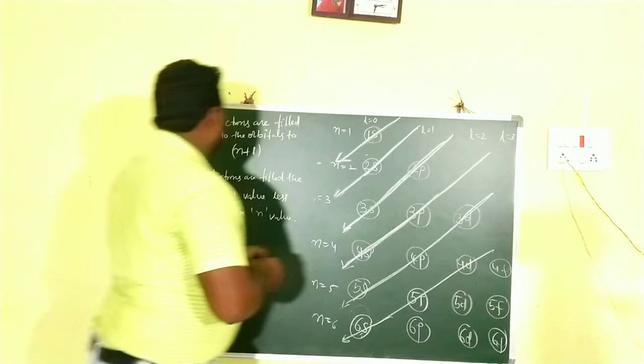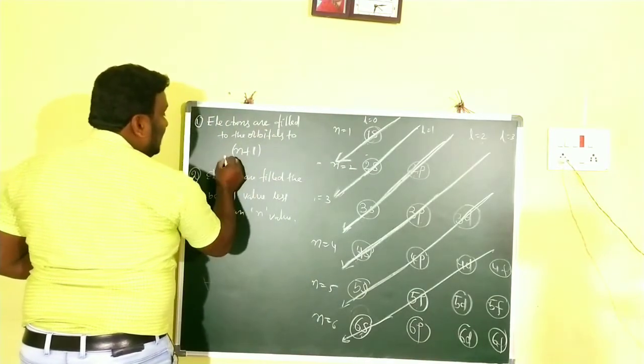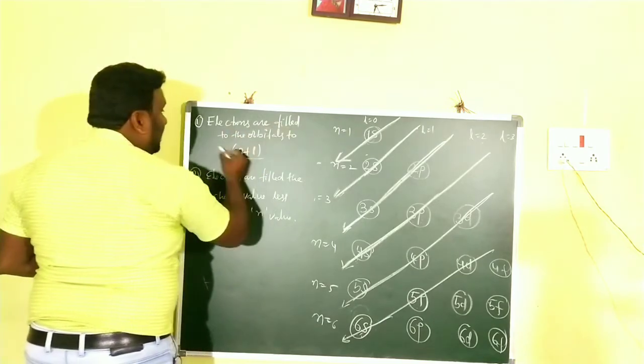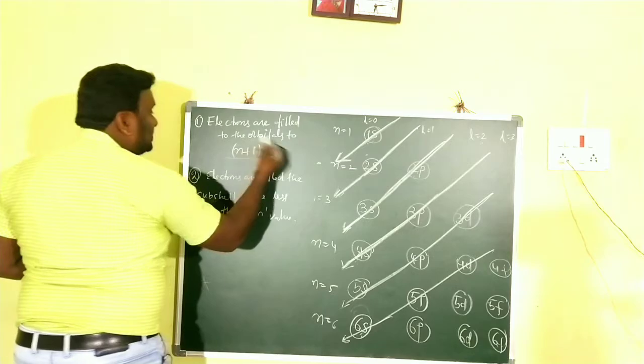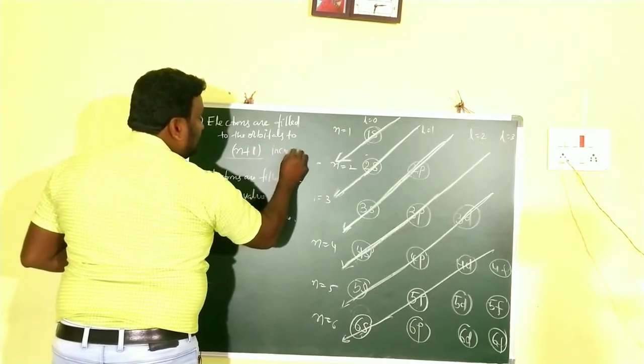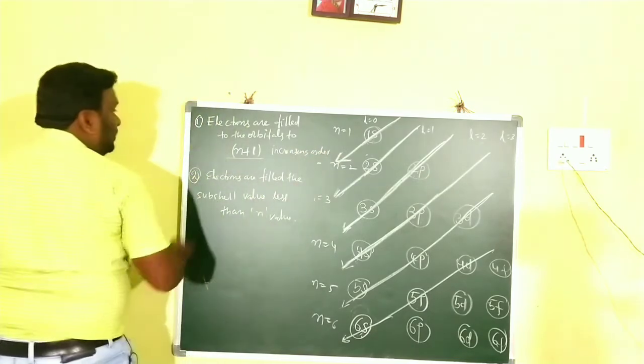The first one is electrons are filled to the orbitals according to the n plus l values in increasing order. Just wait, don't worry, I will explain here.